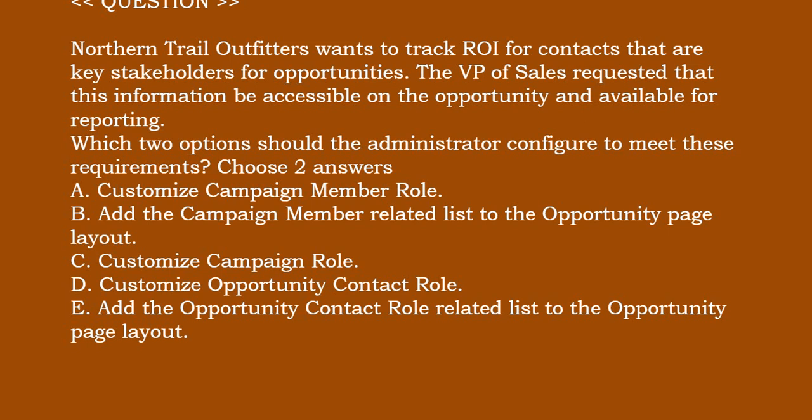Option A, customize campaign member role. Option B, add the campaign member related list to the opportunity page layout. Option C, customize campaign role. Option D, customize opportunity contact role. Option E, add the opportunity role contact related list to the opportunity page layout.